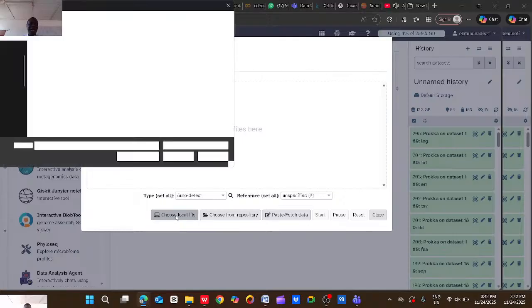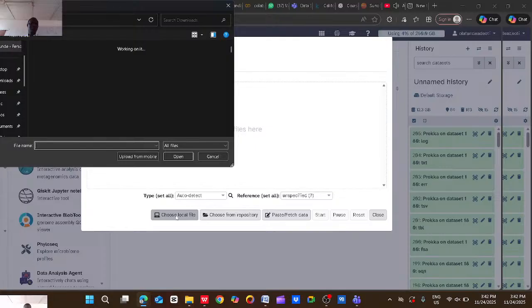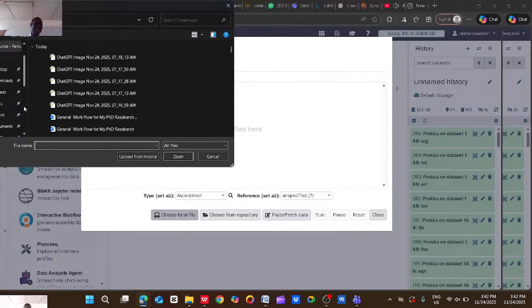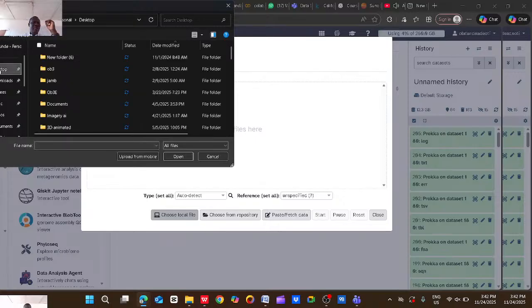Choose local file. Already, I have my own whole genome sequence data on this system, on my desktop.